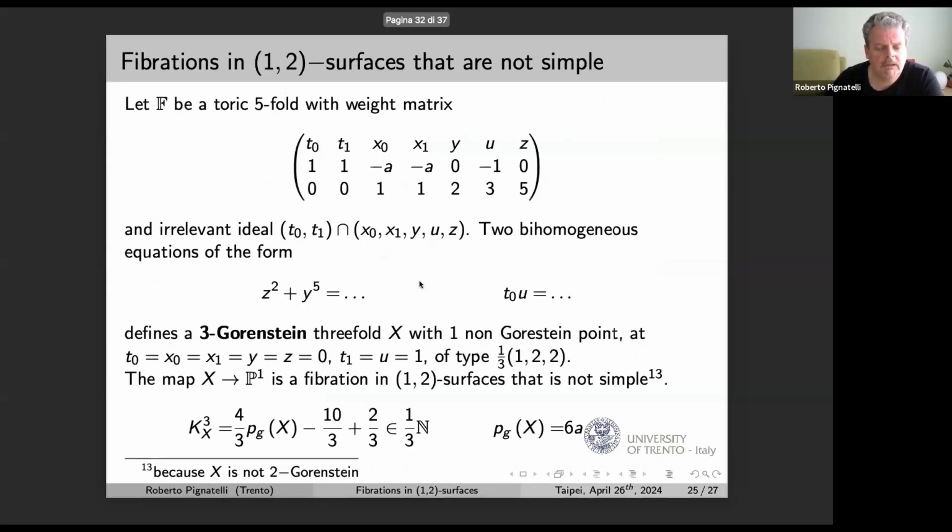Here you see, if you take the fibers for t equals 0, what you get is a complete intersection in P(1,1,2,3,5) of a surface of degree 3 and one of degree 10. But this cannot be written as a hypersurface of degree 10 in P(1,1,2,5). You cannot remove this tree here.